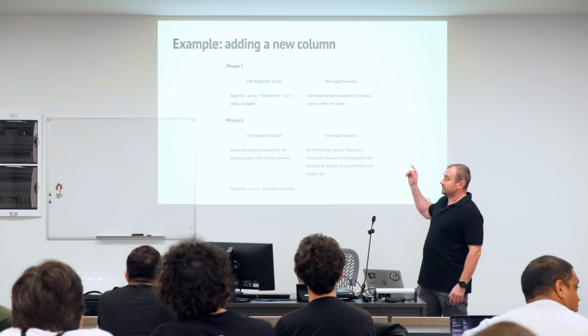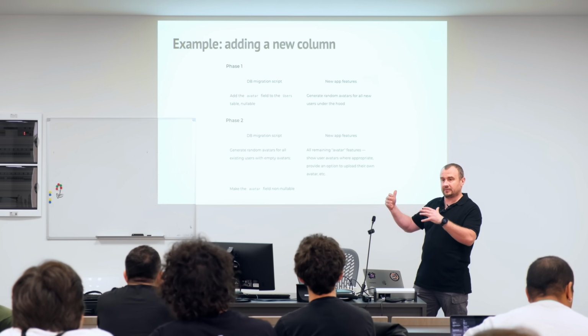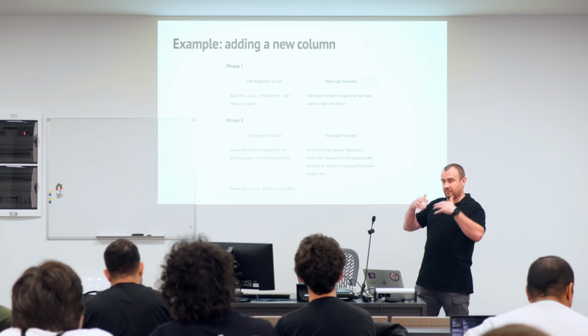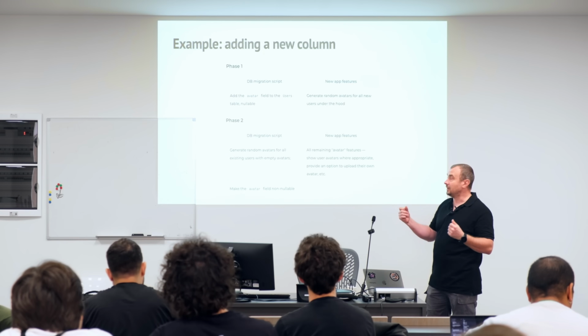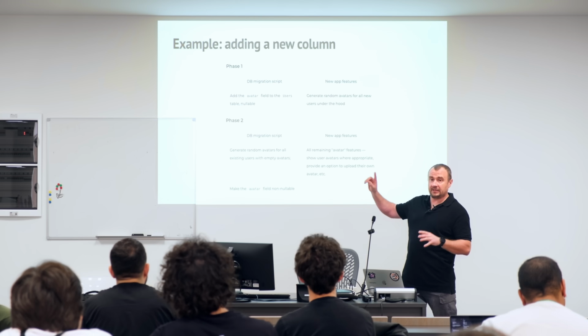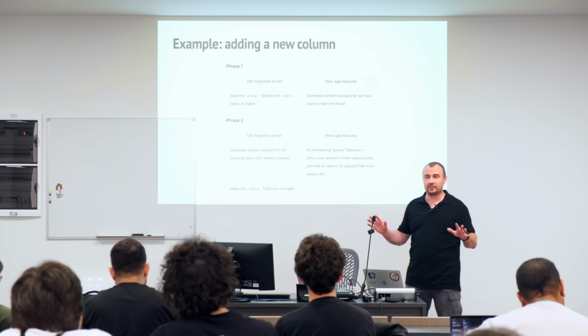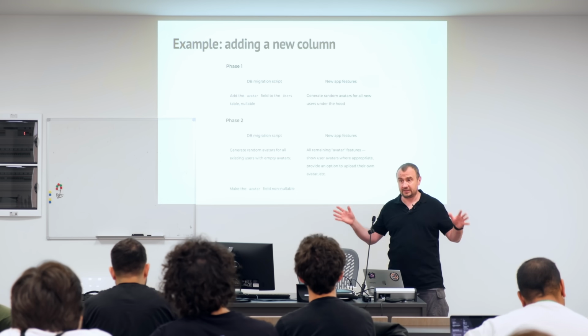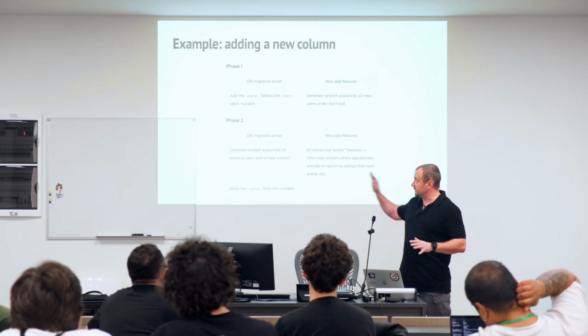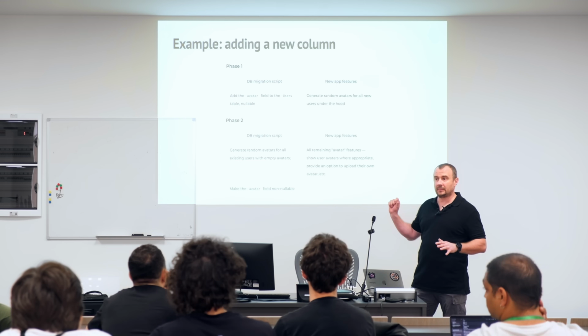We will teach it to generate new values for it. So it will start writing values when adding data. And we just deploy it. At phase 1, there are no visible changes for the user. It's just the preparation that we do under the hood for phase 2 to be successful.